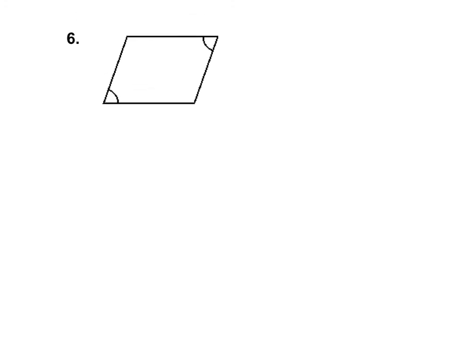The next one. I have a pair of congruent opposite angles. So I don't have enough information to prove that it is a parallelogram, because I just have one pair. So in this case, I don't have enough information.